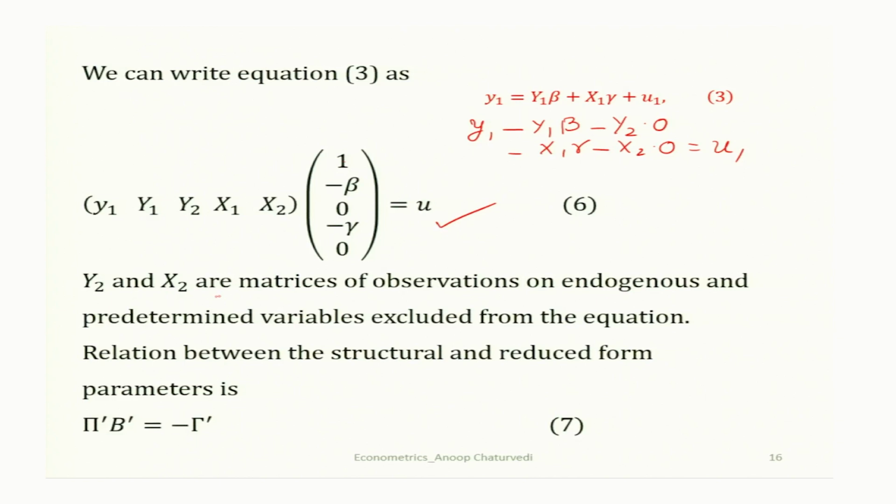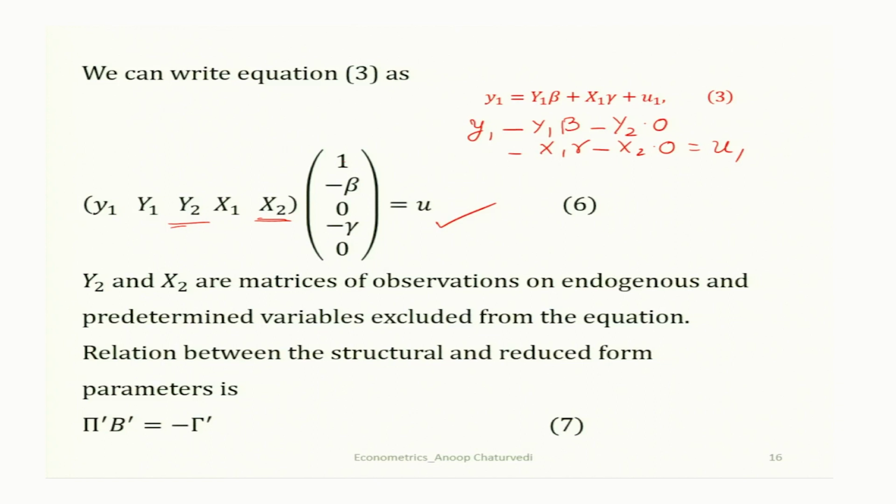Capital Y 2 and capital X 2 are the matrices of observations on endogenous and predetermined variables excluded from the equation. You are not including these endogenous variables or these predetermined variables in the first equation. So, that is why you have taken the corresponding coefficients as 0.